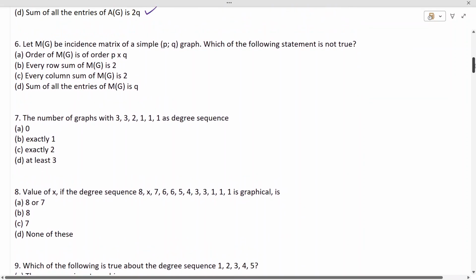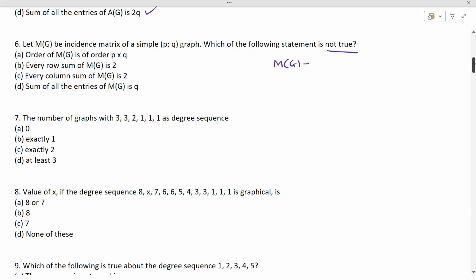6. Let M of G be the incidence matrix of a simple PQ graph. Which of the following statements is not true? Again, we want to find the not true statement, but for matrix M of G, that is the incidence matrix of graph G. In our classroom, we have discussed the properties of the incidence matrix.